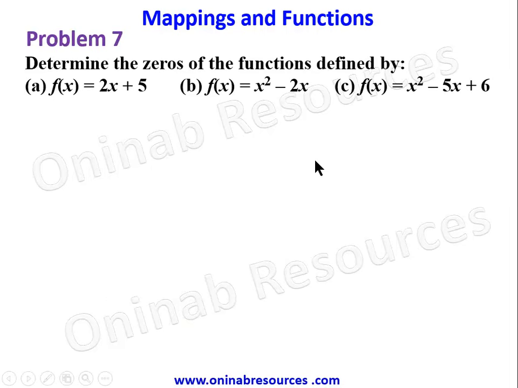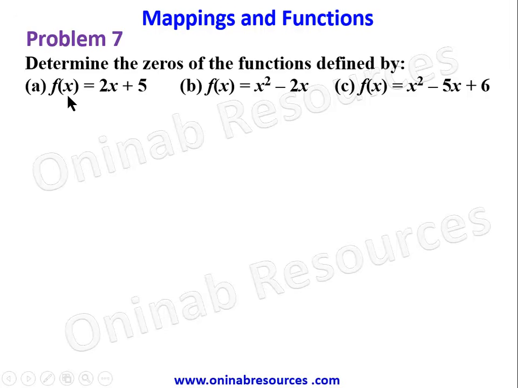For problem 7, determine the zeros of the functions defined by a, f of x equal to 2x plus 5, b, f of x is equal to x squared minus 2x, and c, f of x equal to x squared minus 5x plus 6.